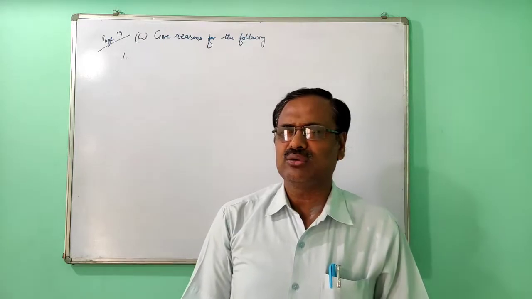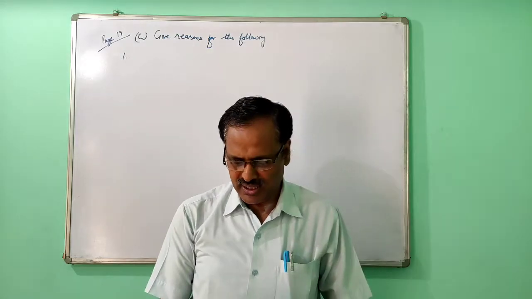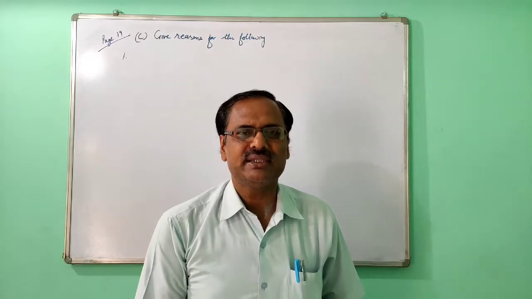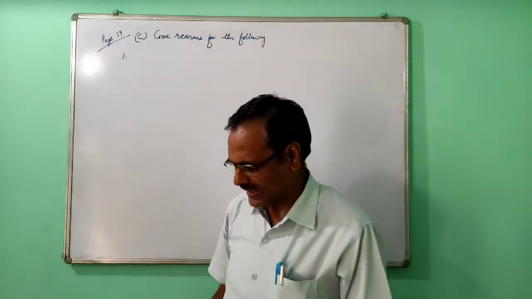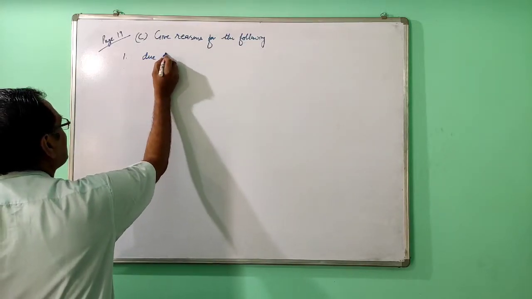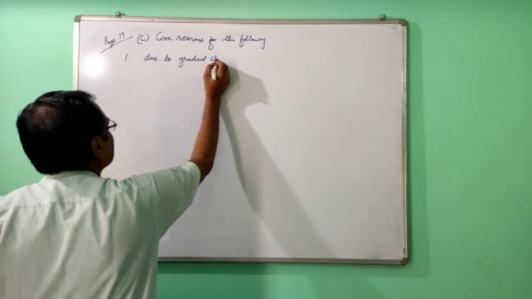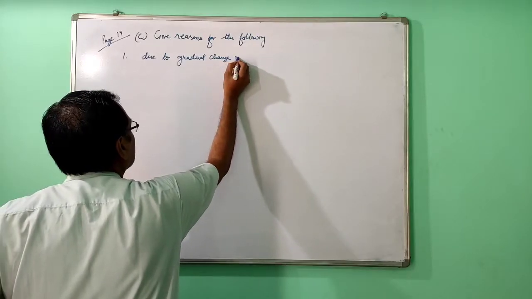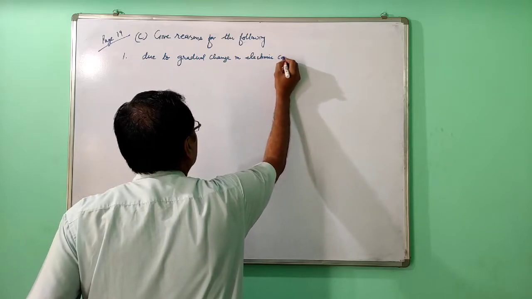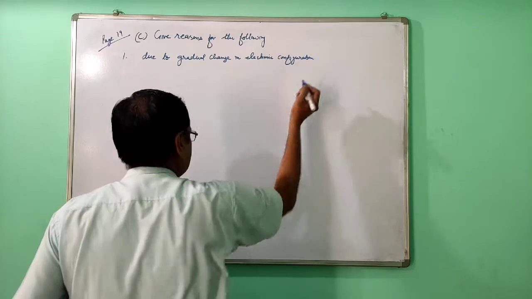When you move in a group from top to bottom, the properties of the elements will either be the same or there will be a gradual change. This gradual change is due to the gradual change in electronic configuration. So you can write: due to gradual change in electronic configuration.